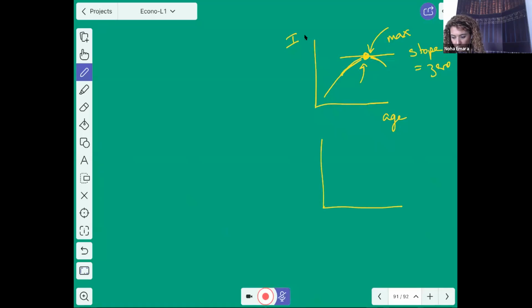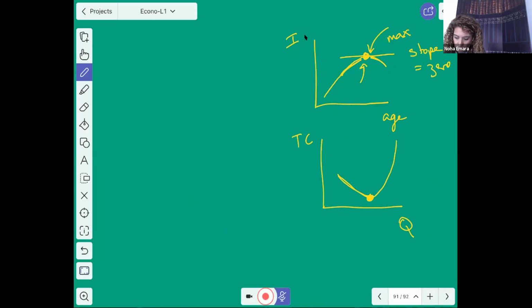If I'm talking about a cost relation, let's say this is the units produced, and this is the total cost of a certain firm. As you increase your production, your cost decreases, reaches a certain minimum, and then you start to increase. This is the total cost function that you have taken in micro.